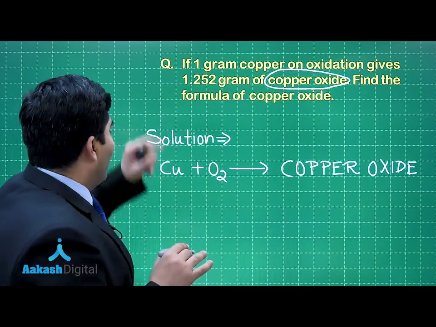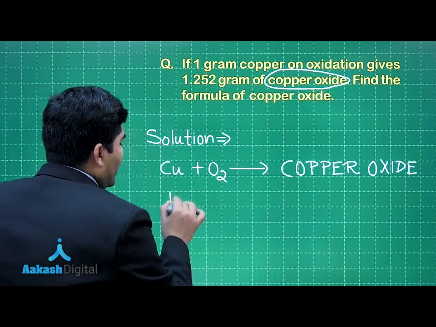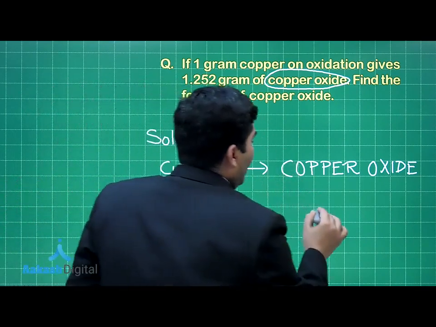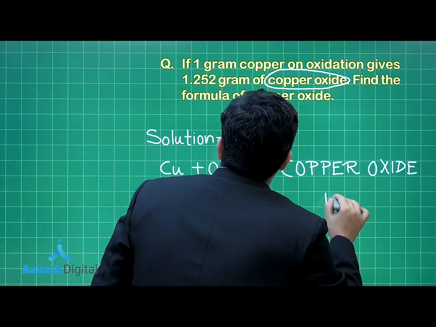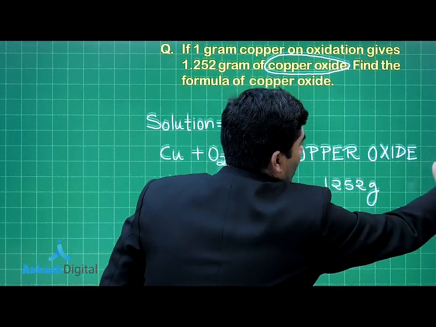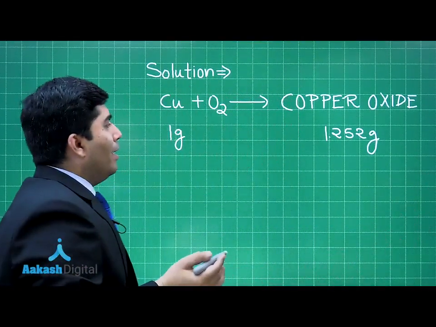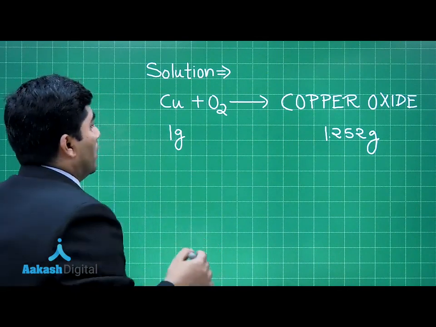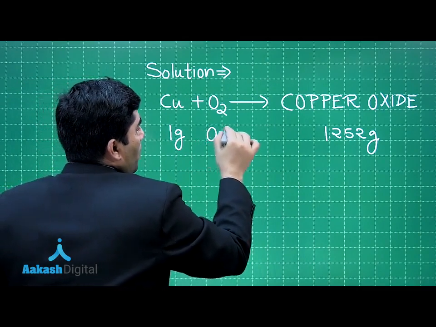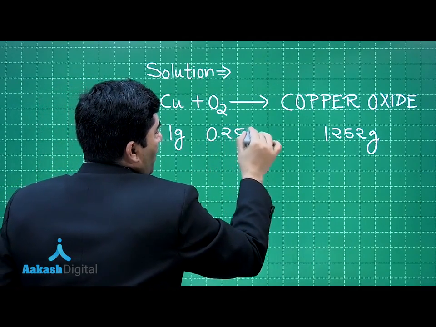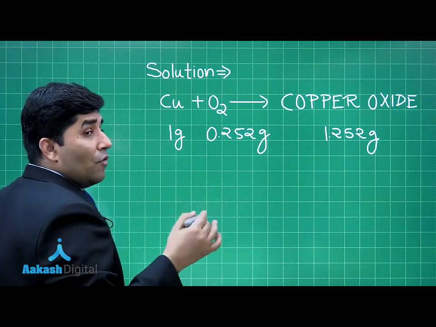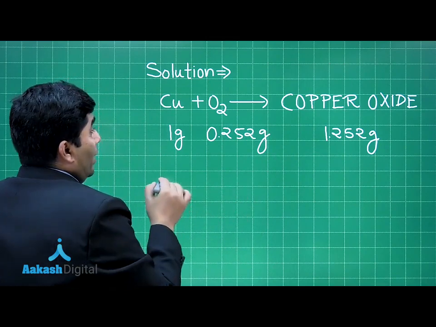The weight of copper given is 1 gram, and the copper oxide is 1.252 grams. Now, applying the law of conservation of mass, the weight of the oxygen will be 0.252 grams.